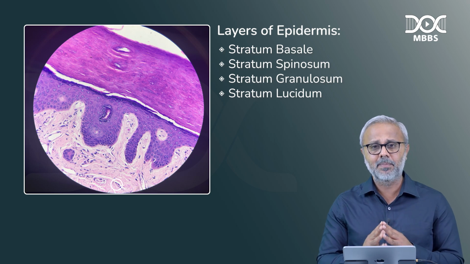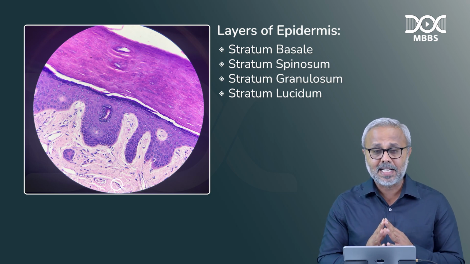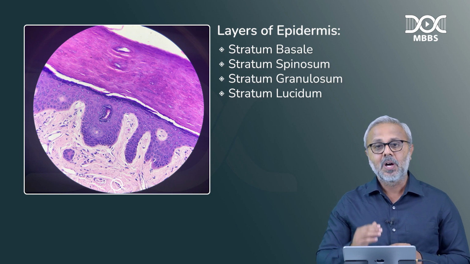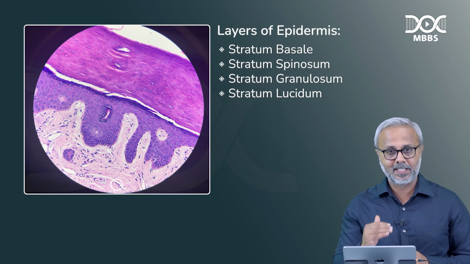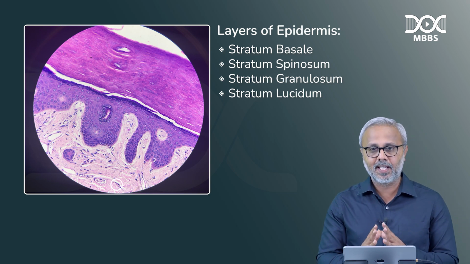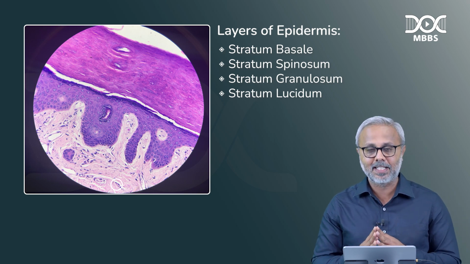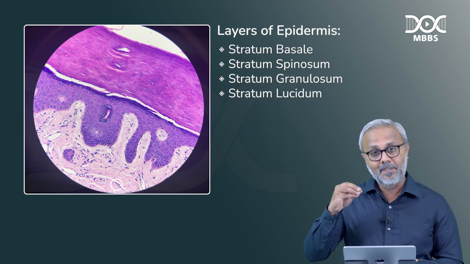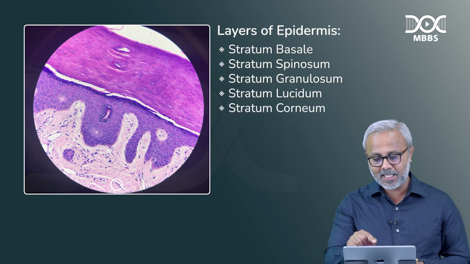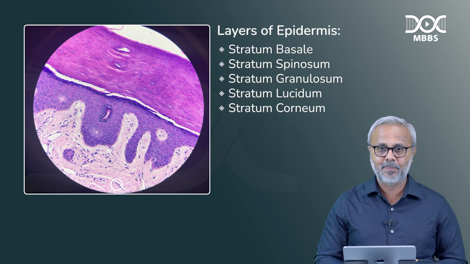The stratum lucidum consists of dead cells without any cell organelles but which have retained cell boundaries. On top of this, we have the keratin layer, which is an acellular layer formed by the keratin protein. Within this stratum corneum, we can see the ducts of sweat glands.